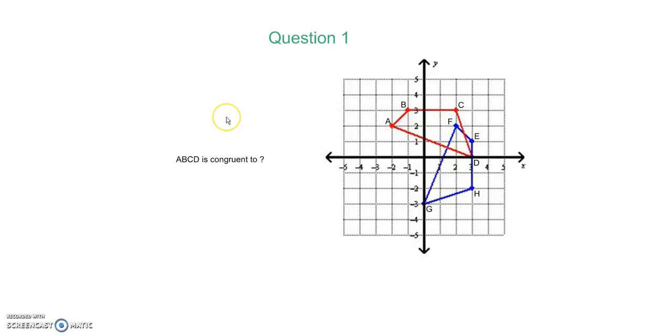So first off, just to get acquainted with congruency and congruency statements, I want you guys to write out that these two figures are indeed congruent to each other, but I want to make sure that you remember how to write out the order of congruency, right? A, B, C, D is congruent to one specific order of letters. So that's what question 1 is asking.